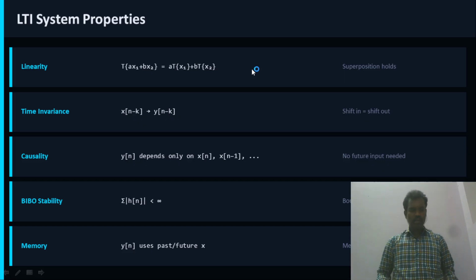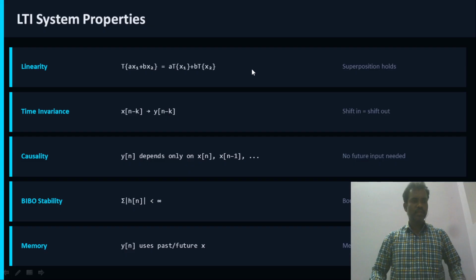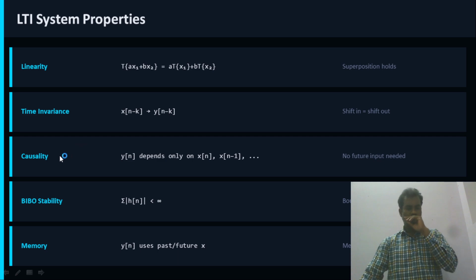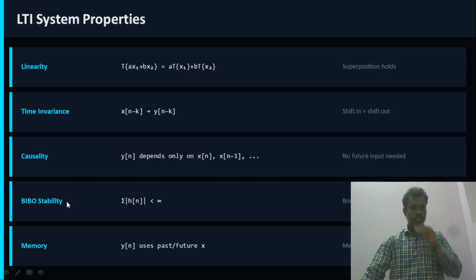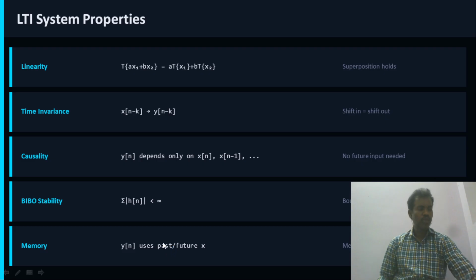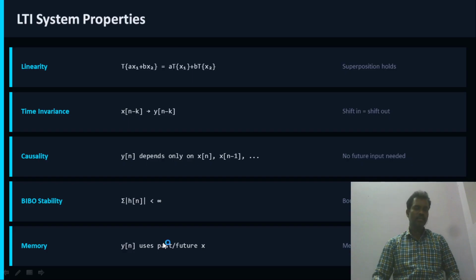We will categorize systems into these types: linear system, time invariant system, causal system, stable or unstable system, and memory system or memoryless system, or we can say dynamic system or static system.